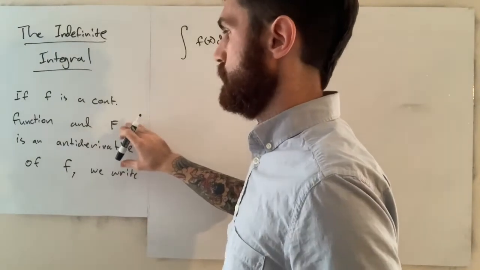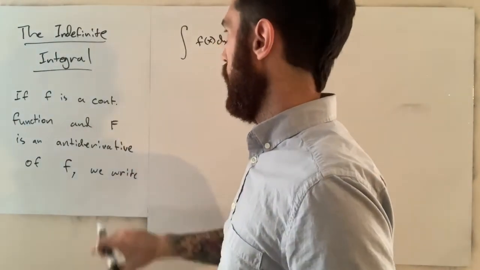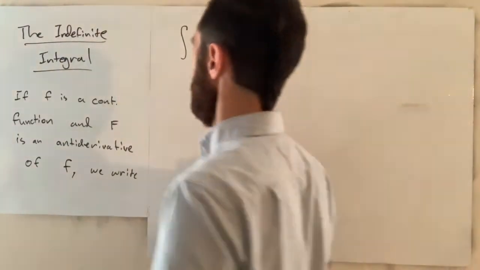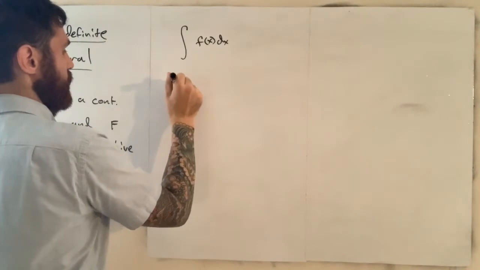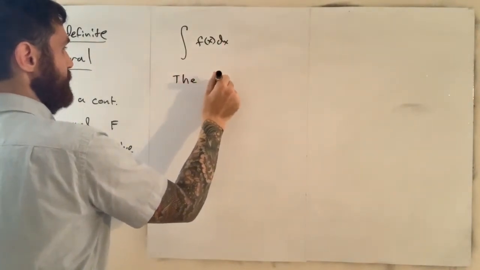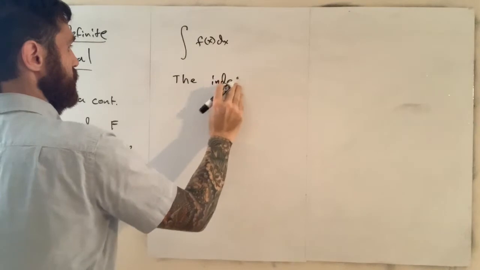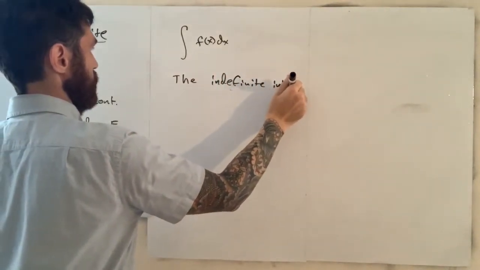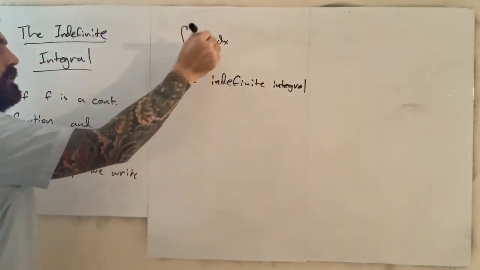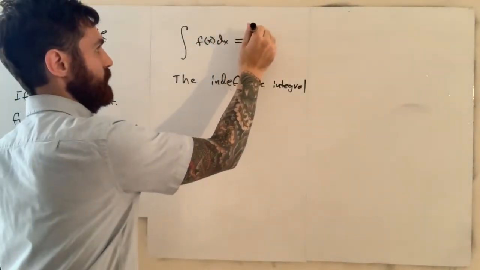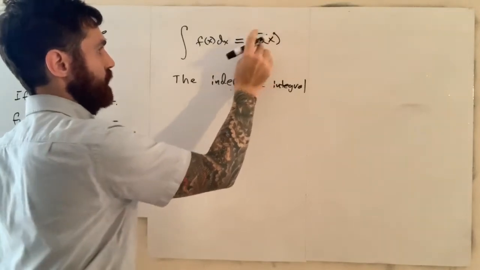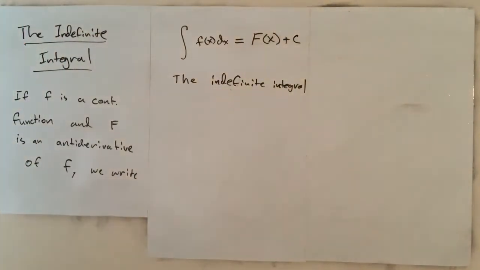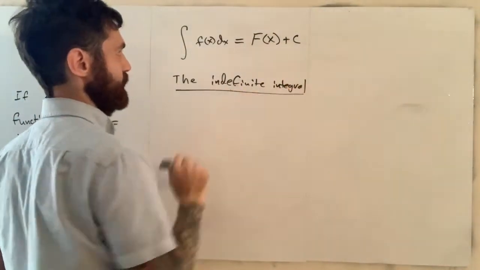If you have an antiderivative of f, we're going to use this notation here, which we call the indefinite integral. And this is just going to mean F of x plus c, large F of x plus c. And this is called the indefinite integral.